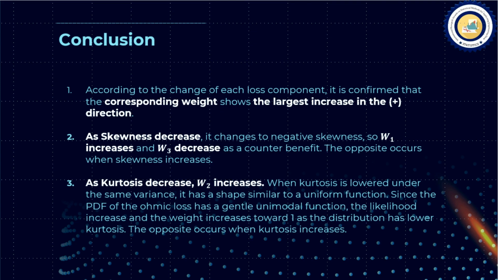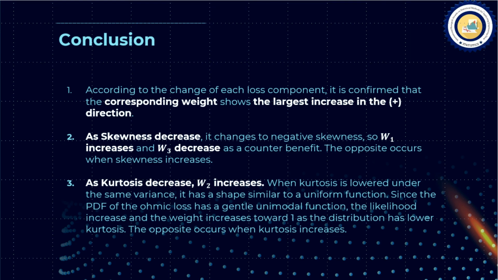Second, as skewness changes to negative values, W1 increases and W3 decreases as a counter effect. The opposite occurs when skewness increases. This is a phenomenon caused by the symmetric characteristics of the probability density functions of activation loss and concentration loss.